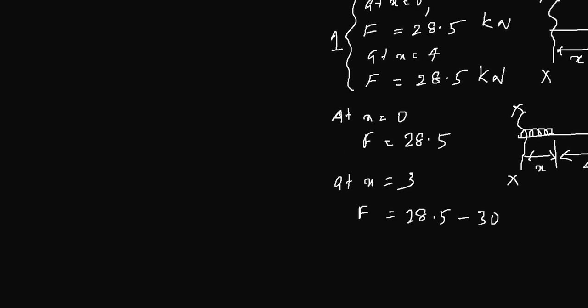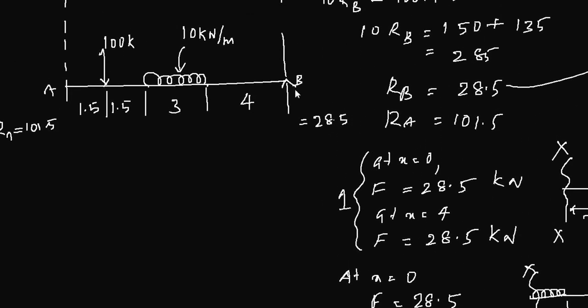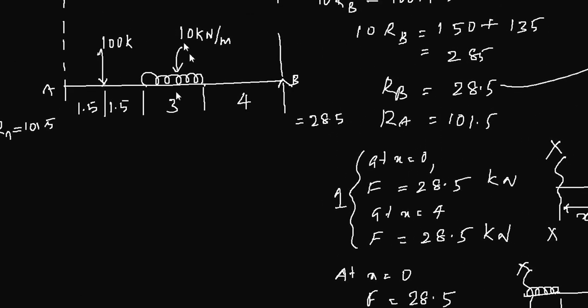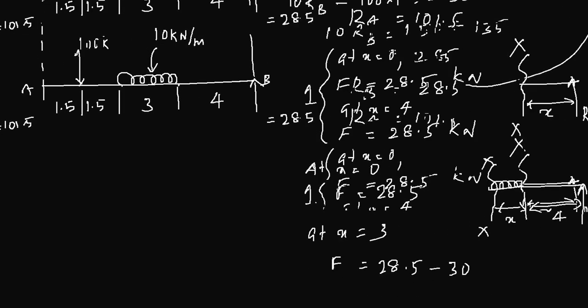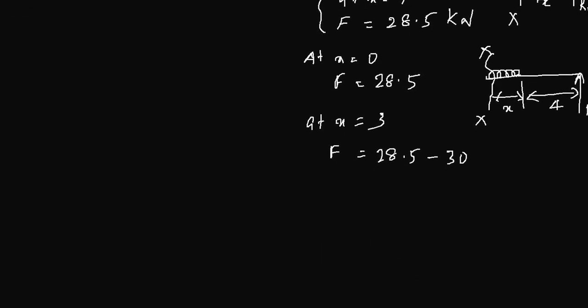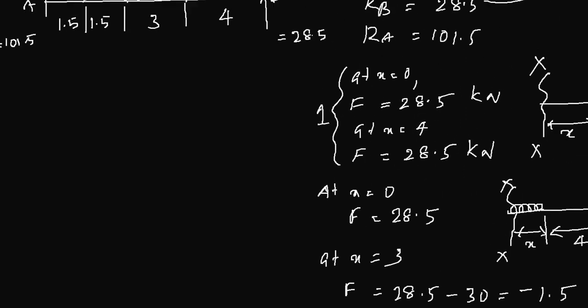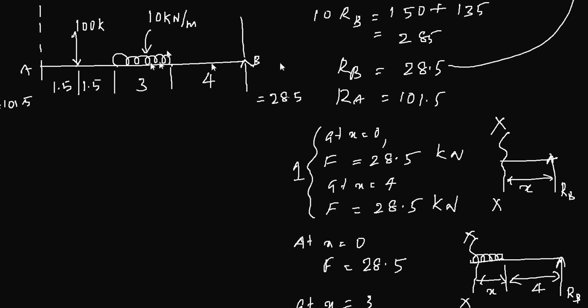Why is it minus? Because 28.5 is acting upward and 30 is acting downward. So you will have 28.5 minus 30, which is minus 1.5. So that is equal to minus 1.5, which means there is a change of direction happening to the force.